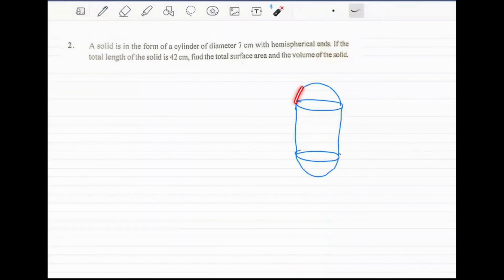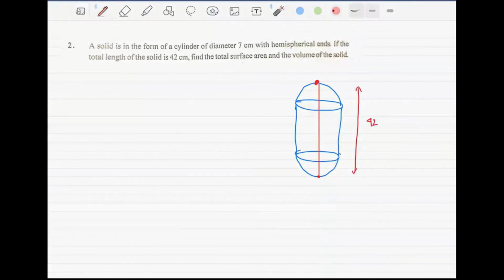So hemisphere on the top, hemisphere on the bottom. And the question says the total length of the solid, from the top to the bottom, is 42.